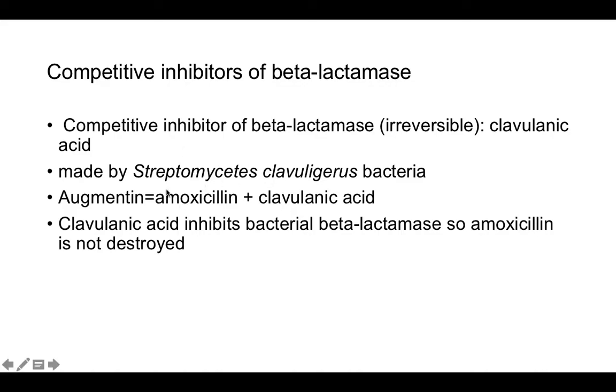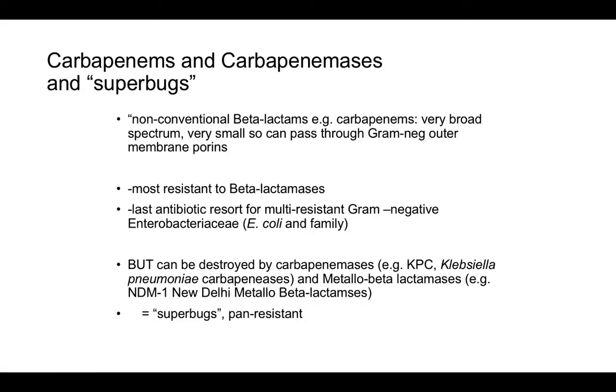And we said the first combination used amoxicillin combined with clavulanic acid. They called it Augmentin. So if you were treating, say, an infection with a Staph aureus that made beta-lactamase, the clavulanic acid would knock out the beta-lactamase, and therefore the amoxicillin would be effective at inhibiting bacterial transpeptidase.